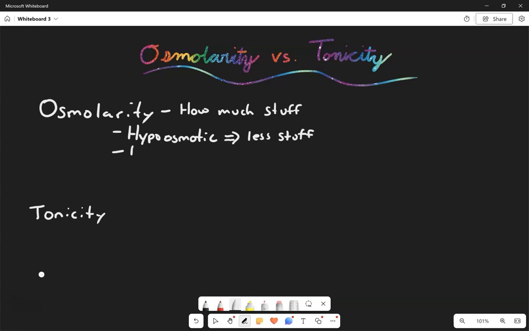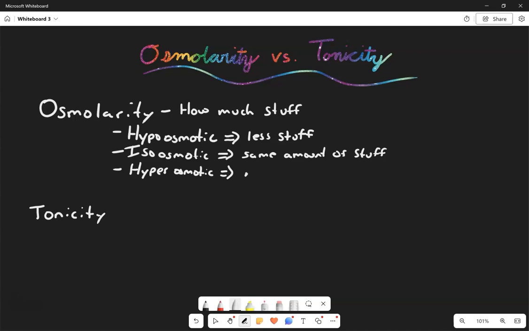We can have an isoosmotic solution, which is the same amount of stuff. We can have a hyperosmotic solution, which is more stuff.